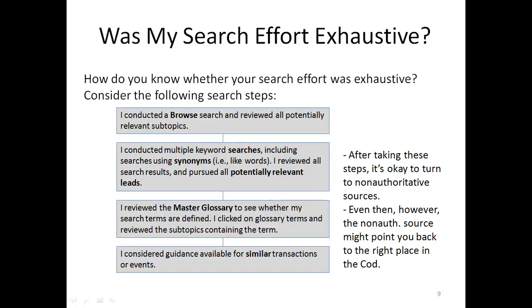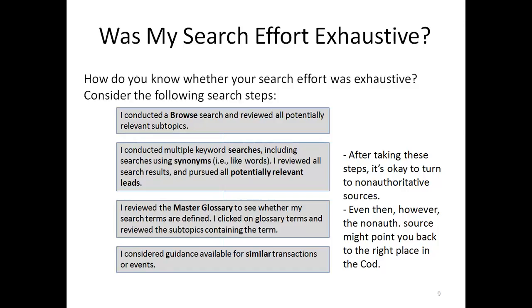Step back and determine, was my search effort exhaustive? How do you know whether your search effort was exhaustive? Consider, I conducted a browse search and reviewed all potentially relevant subtopics. I conducted multiple keyword searches, including searches using synonyms.